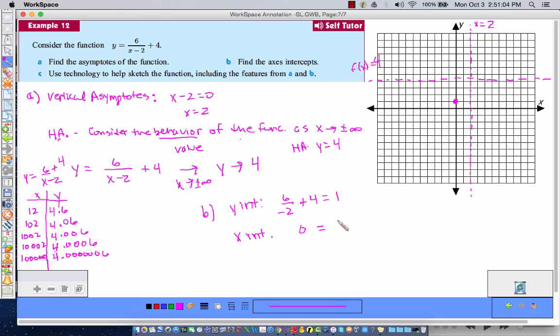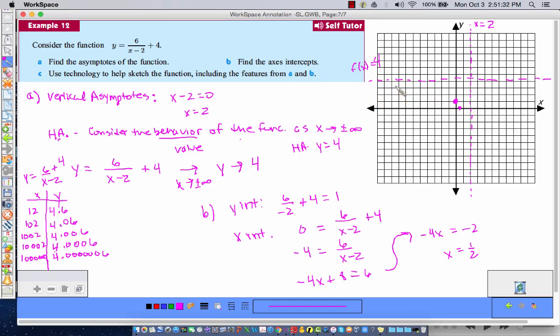So I get 0 equals 6 over x minus 2 plus 4. Negative 4 equals 6 over x minus 2. Negative 4x plus 8 equals 6. Negative 4x is equal to negative 2, and x is equal to 1/2. So I get an x-intercept of 1/2.